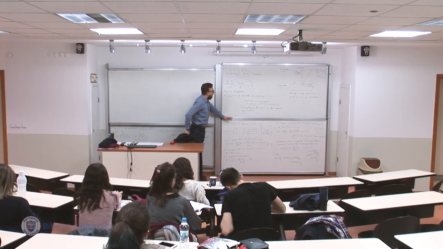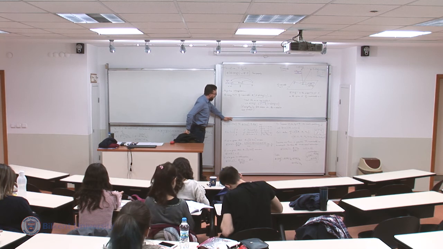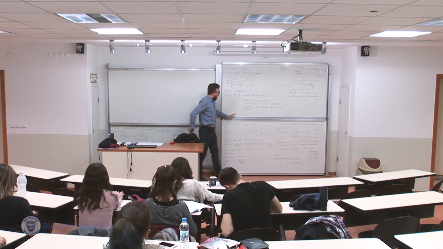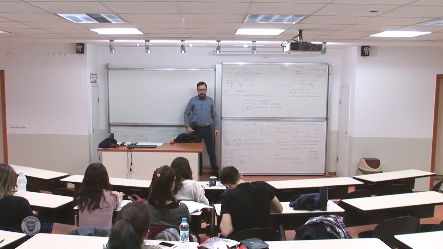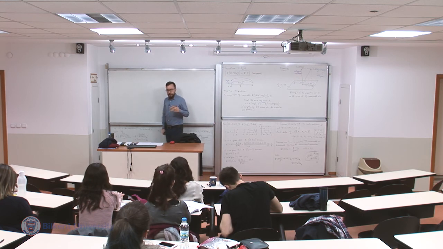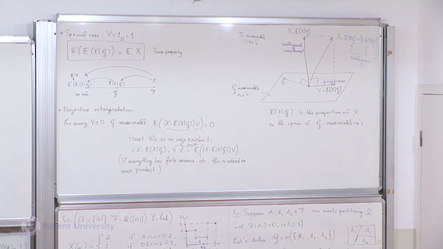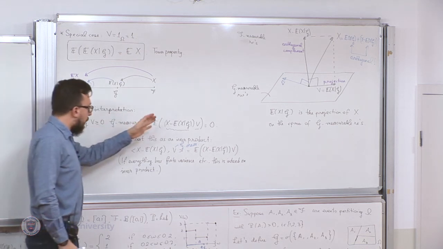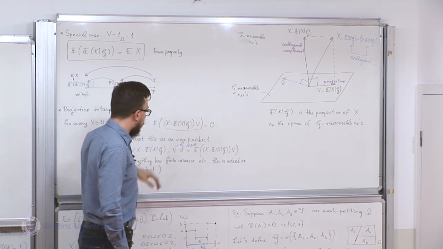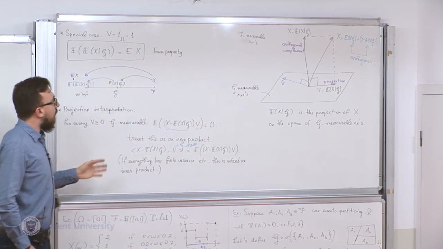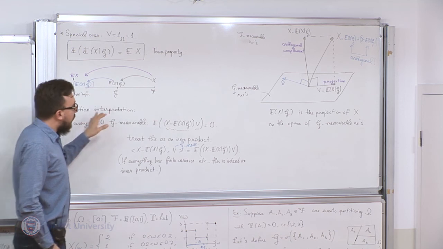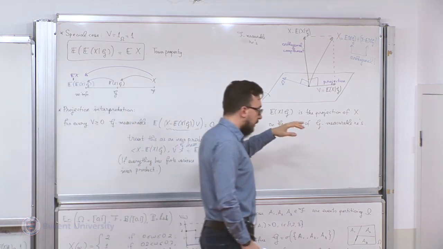To really be able to call it an actual inner product, you need to work on the space of random variables with finite variance, because inner product is a function which is real valued. So you cannot let it take plus infinity or anything. And you also make sure this is not an infinity minus infinity type of thing. So you have to be careful. Everything here is in quotation in some sense.